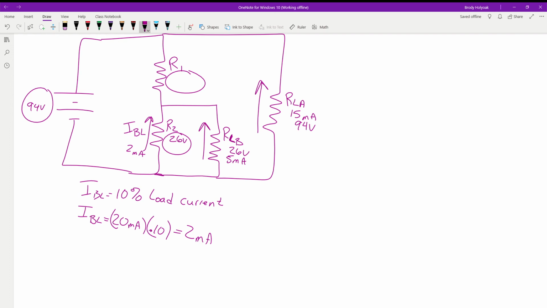If that is getting 94 volts, that has to be 94 volts. Any questions with those assumptions? Because again, we have this parallel branch from here to here. We have to be dropping 94 volts. If from here to here we're dropping 26, the rest has to be dropped across there.